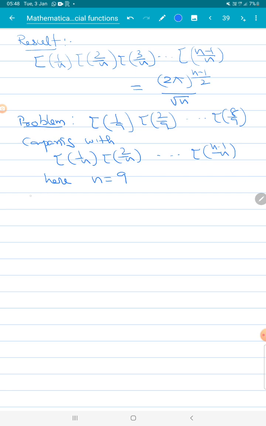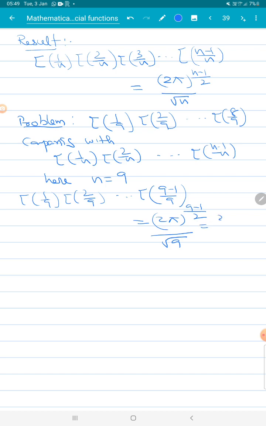So the LHS is equal to the RHS, whose value is gamma of 1 by 9 and gamma of 2 by 9, and so forth, gamma of 9 minus 1 by 9, that is n minus 1 by n. So this value is equal to 2 pi power n minus 1 by 2, that is 9 minus 1 by 2, by root 9.